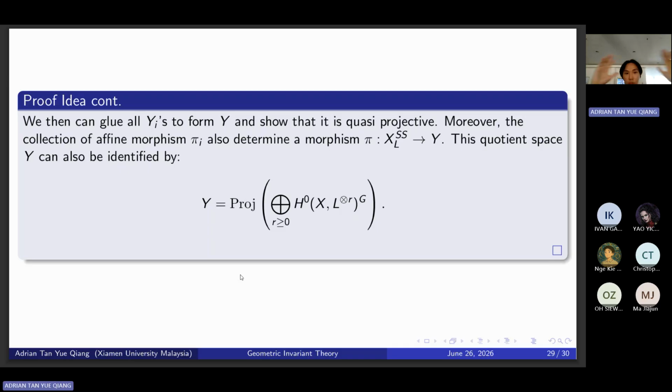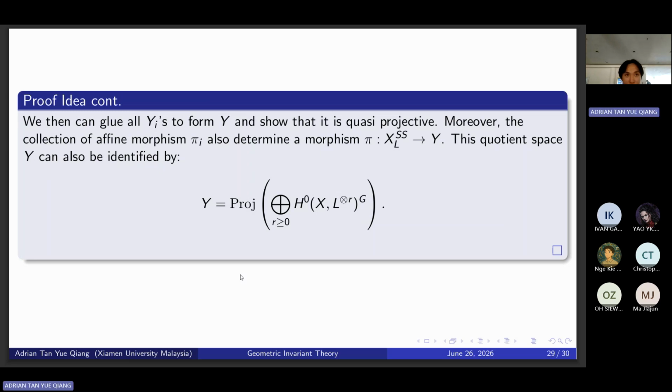After we glue everything together, then we need to show that it's separated. Yes. So what I didn't mention just now is this Proj operator. This Proj is actually the set of all maximal homogeneous ideals that do not contain the irrelevant ideal.